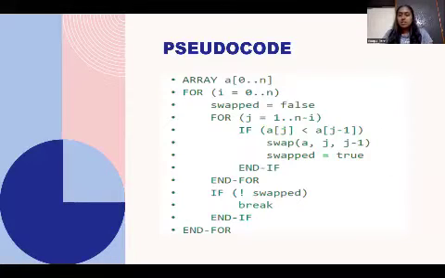An if statement is included here: if a of j is lesser than a of j minus 1, then the swap happens and swapped will be equated to true. The if statement ends, and the inner for loop ends here. If not swapped, break. Otherwise we go to the next iteration. Here again the if statement ends, and again the for loop ends here.